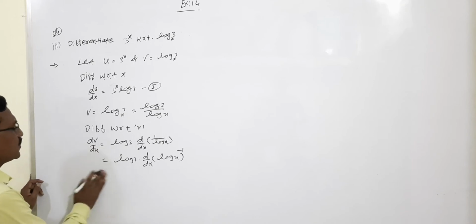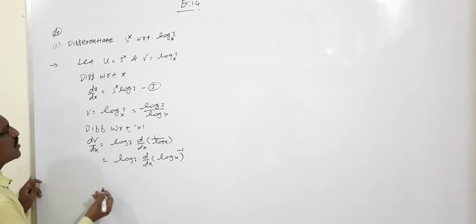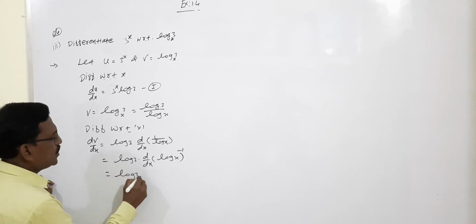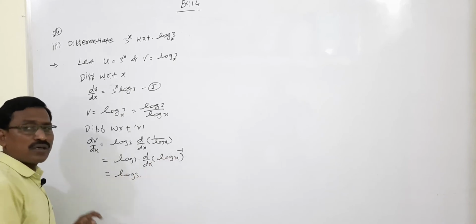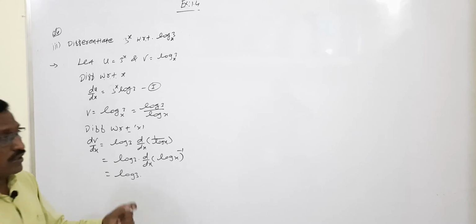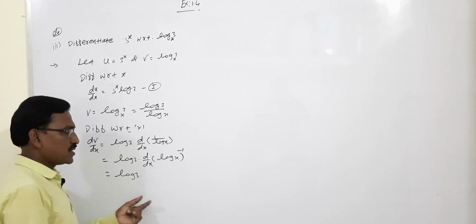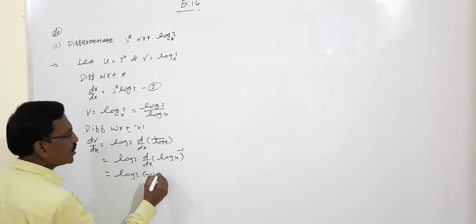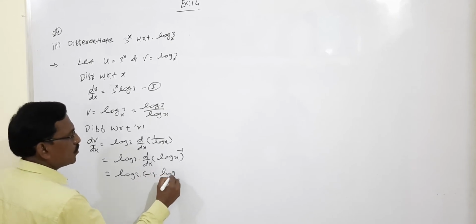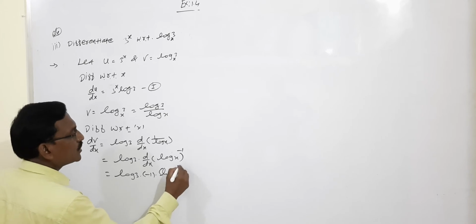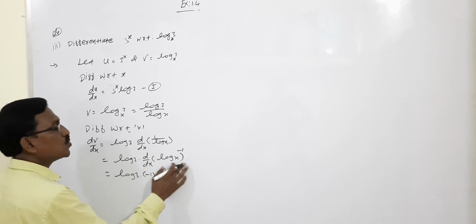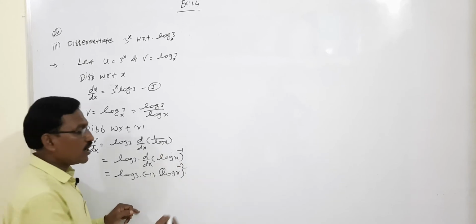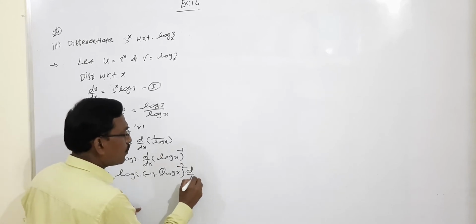And after that we differentiate it. Log 3 into, we use here the derivative of x raised to n, which is n into x raised to n minus 1. So minus 1 into log x to the power minus 1 means it is minus 2, and by chain rule again the derivative of log x.